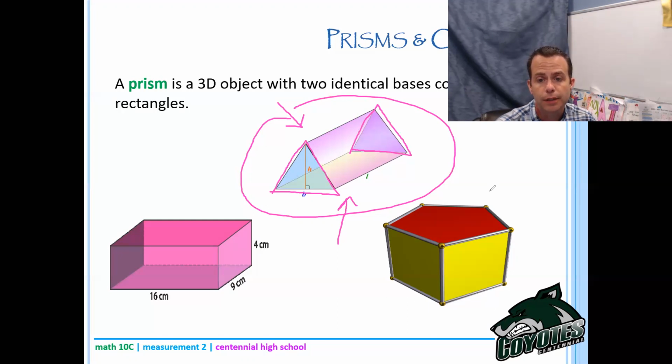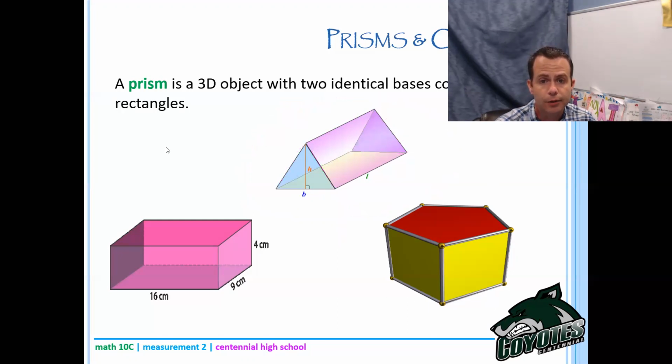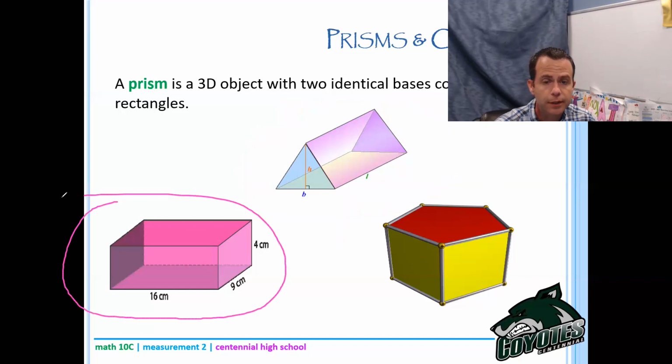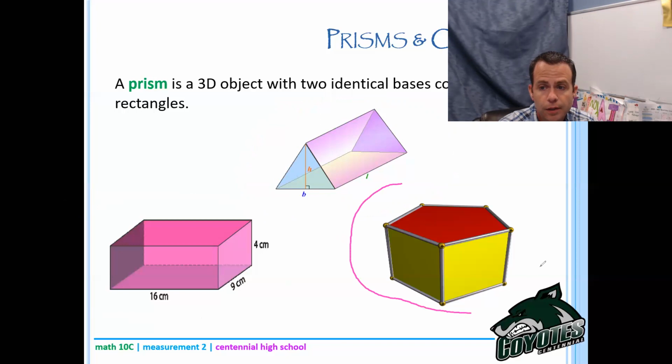If I took a look at this next guy down here, well, that one is a little bit more familiar to you. You've been working with that guy a little bit more. He would be a rectangular prism, okay? So we've got a triangular prism that we did, and we have a rectangular prism that we did so far. Then if I looked at this last guy over here, this guy is just the rectangular walls here, here, here, here, and here that are joining the shape.